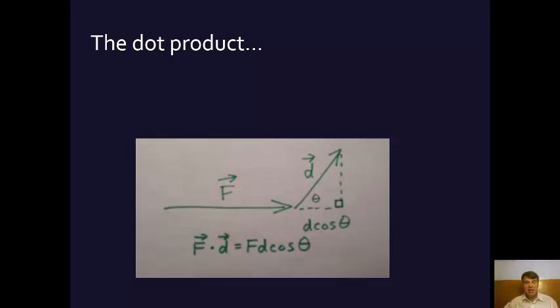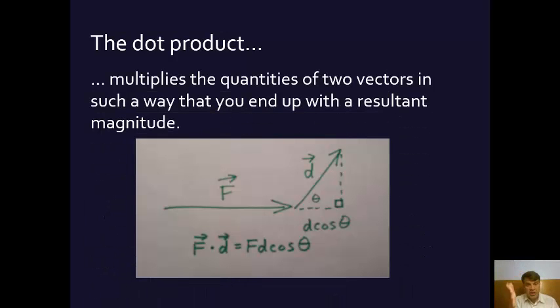The bottom line is that you're multiplying the components of these two vectors that are going in the same direction. And so the dot product multiplies the quantities of two vectors in such a way that you end up with a resultant magnitude, and that multiplication is going to be the parts of the vectors that are going in the same direction.